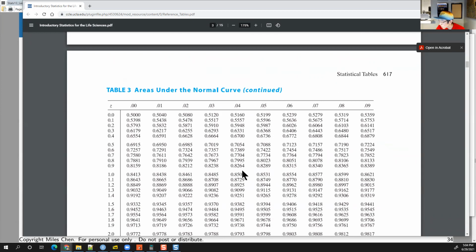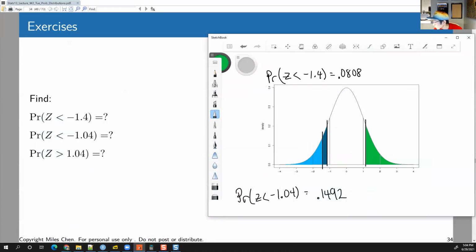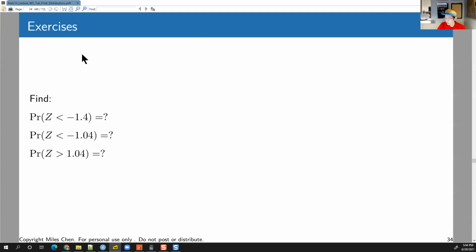Positive 1.04 gives me 0.8508. So the area to the left this way is 0.8508, which means this is going to be 1 minus 0.8508. And that is also 0.1492. Okay, I hope that's all right.